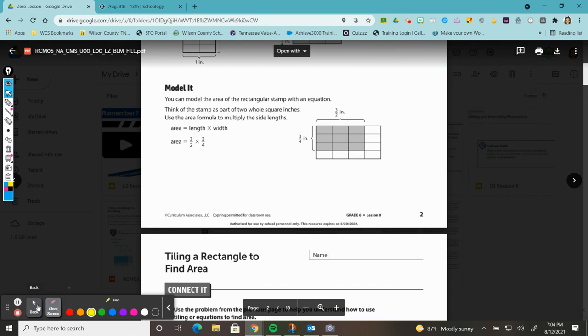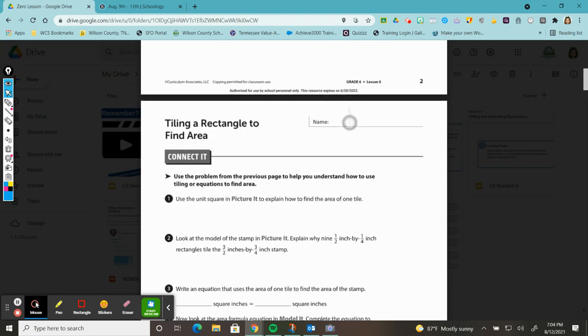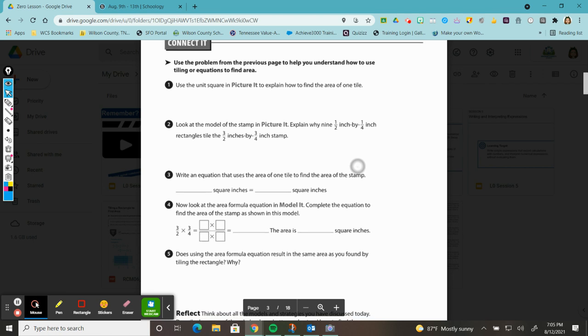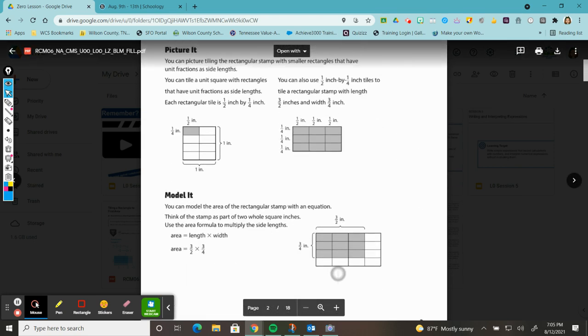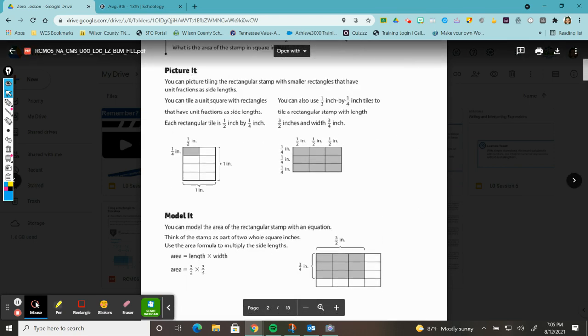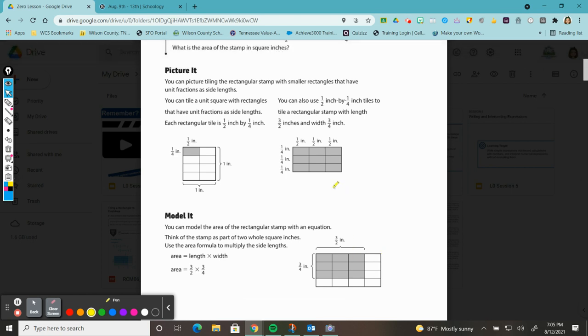So now that we have discussed 2 different strategies, we're going to do some connecting here. On number 1 on the connect page, it asks you to look back at the picture and explain how to find the area of one tile. So when we looked at this, we found the area of this one tile, and then we knew that we had to add that this many times to get our answer.